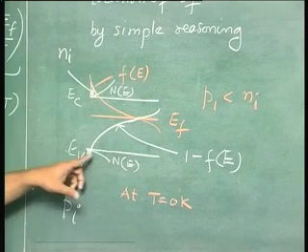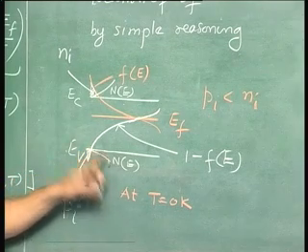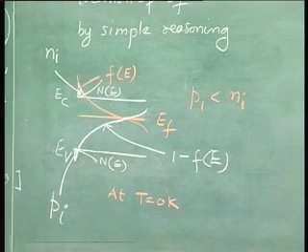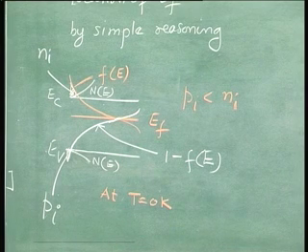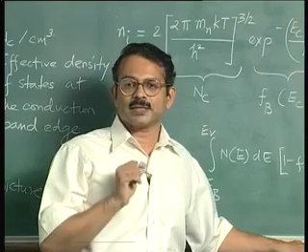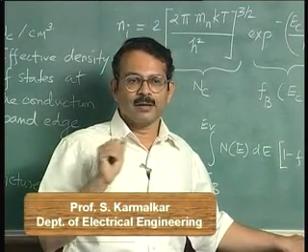In fact, if the parabolic density of states functions for the valence band and conduction band have exactly identical shape, meaning in this parabolic density of states approximation, the constant A, the density of states function is given by A into square root of E minus Ec for the conduction band.